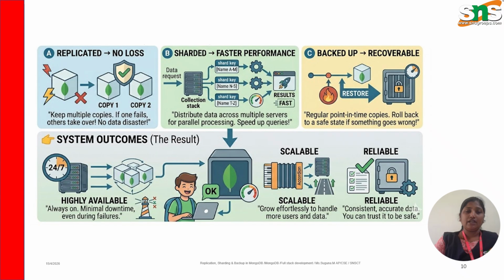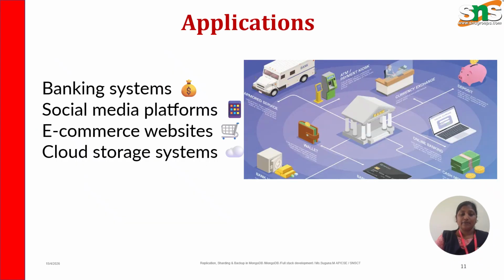So the backup will ensure better data recovery and also safety. And what will be the outcome? With this system, the data will be highly protected, the system performance will be improved and recovery is highly possible. This is how real world applications manage large scale data by using MongoDB.